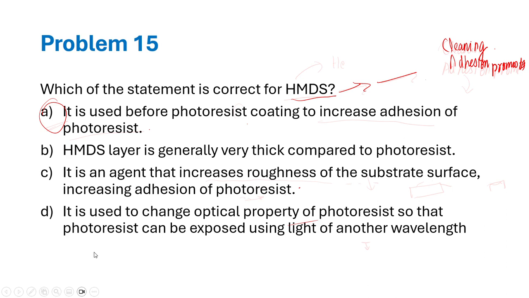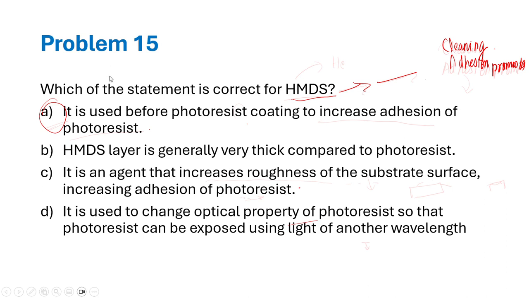So whatever adhesion promoter we use normally should not affect the substrate in a bad way, and it also should be easily removable. That will be one of the requirements for something to be used as an adhesion promoter. It will just increase the adhesion of the photoresist. It will not make the surface rough. So this is the chemical formula for HMDS.